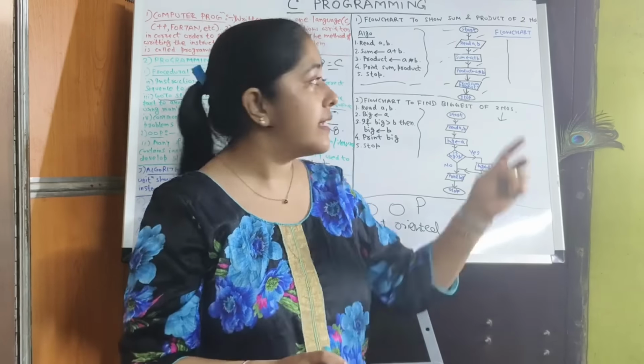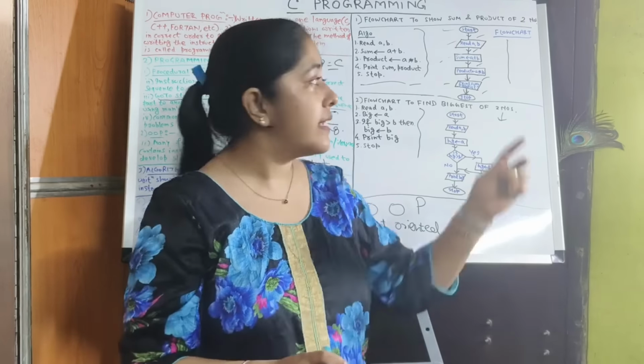Whatever the user is giving as input to the computer, the instructions which you are providing to the computer, that is your input, and the answer which you are getting from your computer, that is your output. So that particular sign will be like this. Okay, so this is the sign for your input or output.